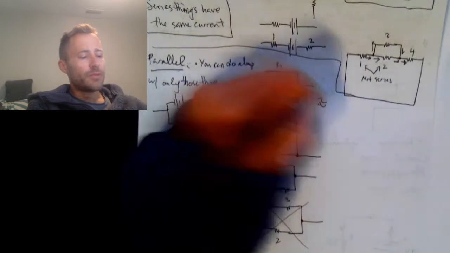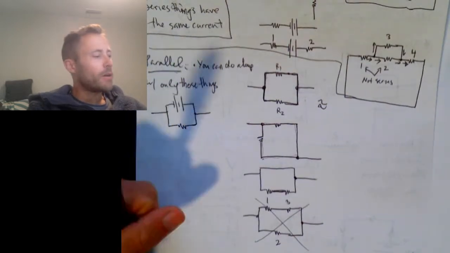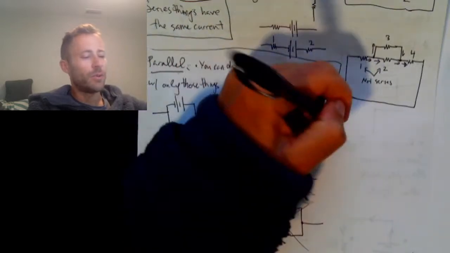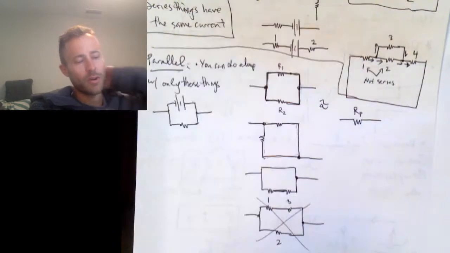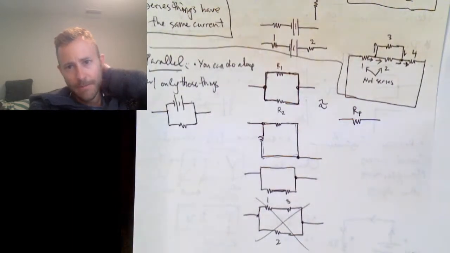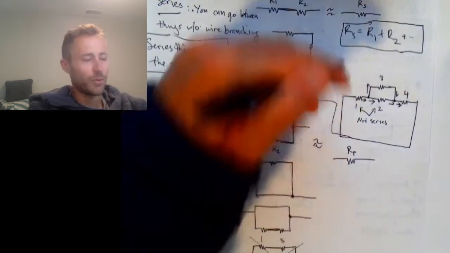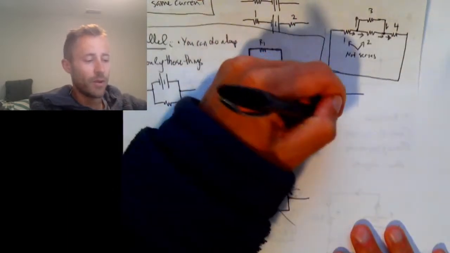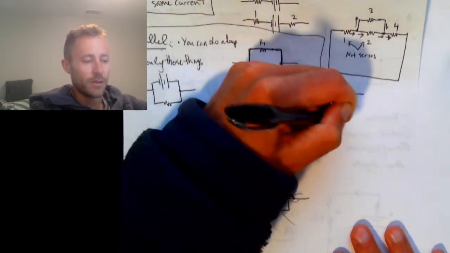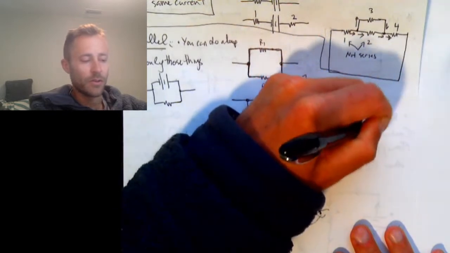Just like with series resistors, this is equivalent, from the perspective of the battery, to a single resistor, which I will call R sub P. The value of R sub P uses the same formula, except we replace the R's with 1 over R. So 1 over R sub P is 1 over R1 plus 1 over R2.